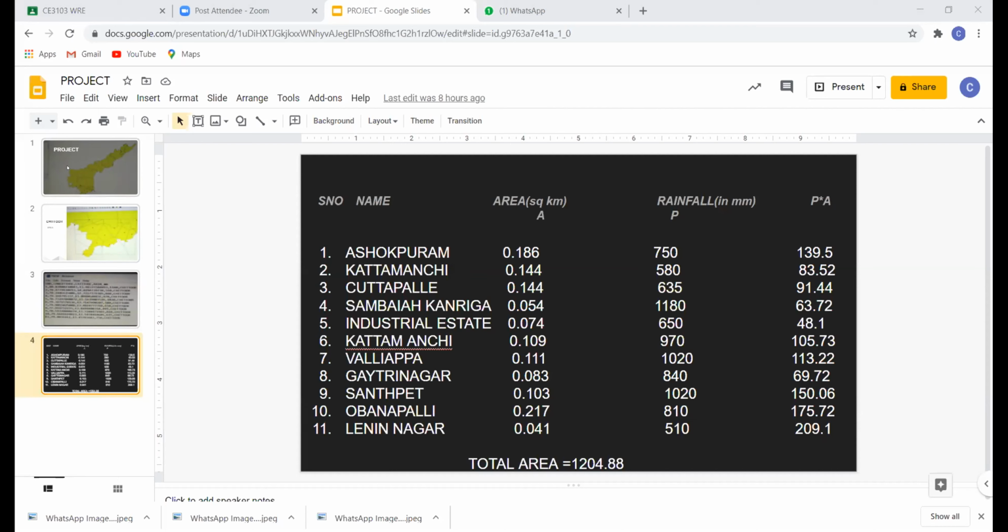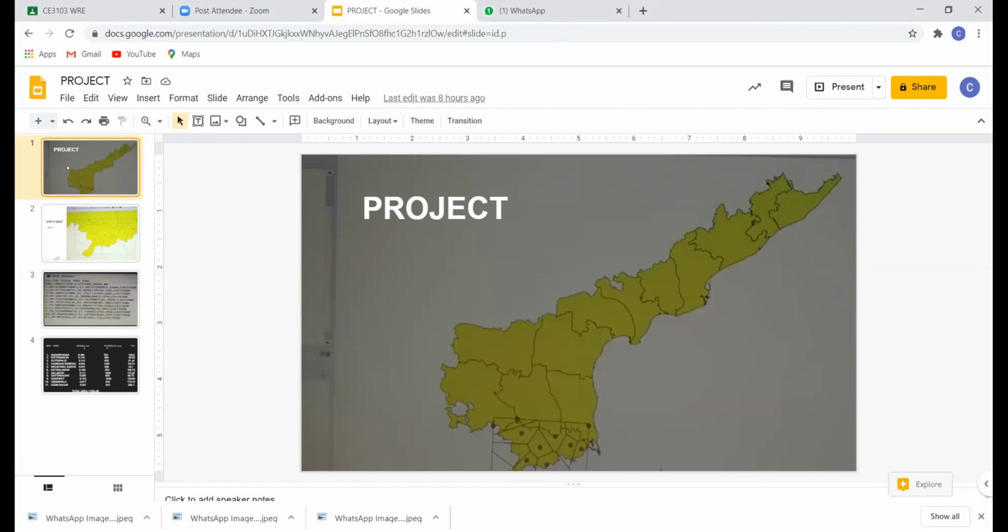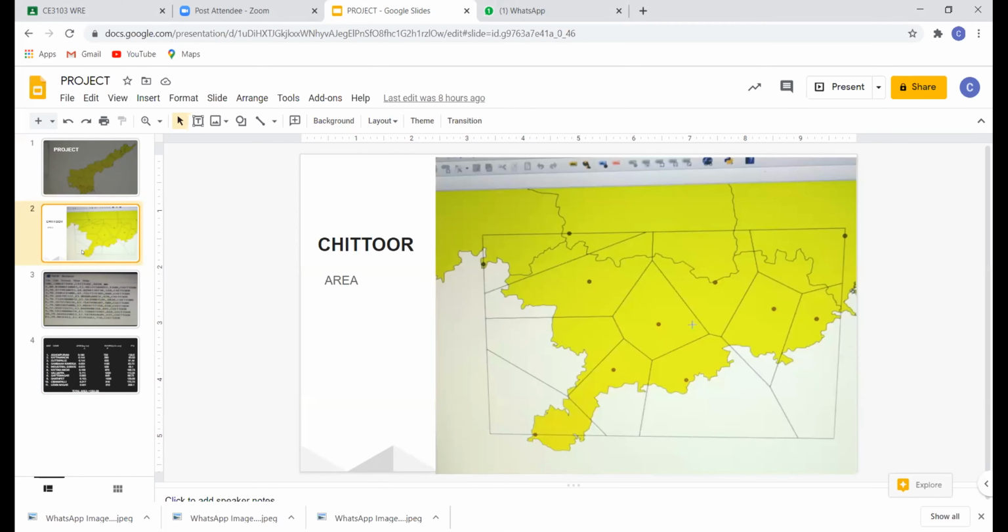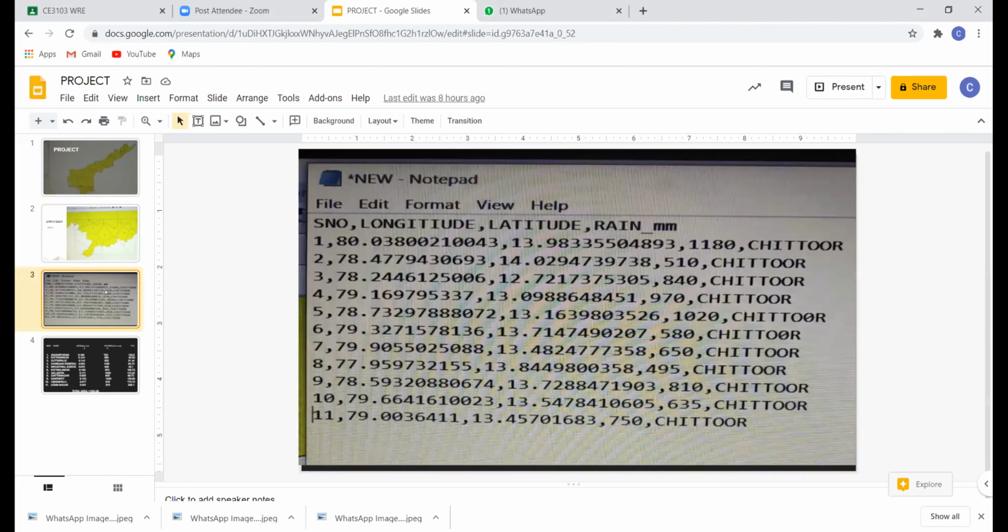Okay. So when you've written total area over there at the bottom, is that 1,204 units? What are the units of that? Okay. Keep going from the first slide. Okay. Chittoor. All right. So you've created all this. And these are the latitude, longitudes.